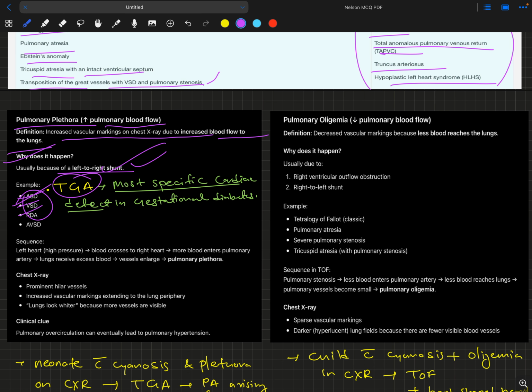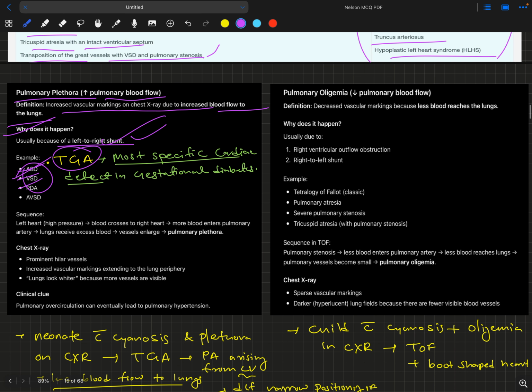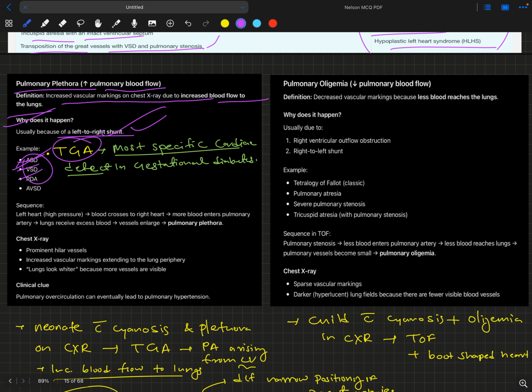Why does transposition of great arteries cause that? In case of TGA, there is a change in position of both great arteries. That means instead of coming from the left ventricle, the aorta comes from or joins the right ventricle, and the pulmonary artery joins the left ventricle.